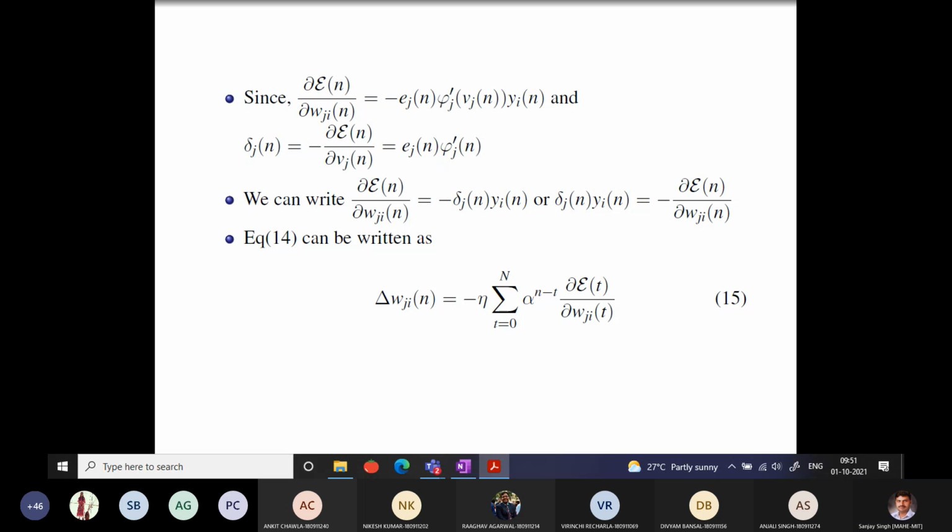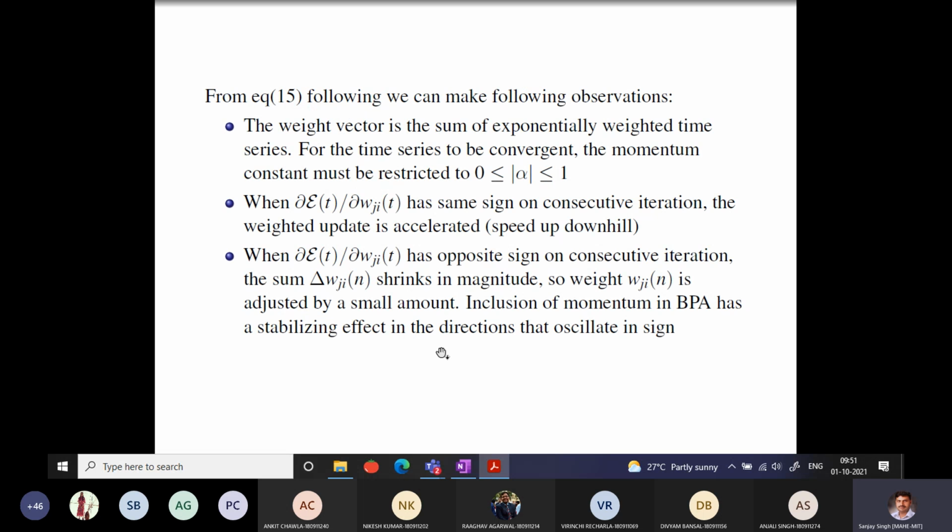Okay, but if this value is once negative, once positive, so the value of synaptic change will happen in small amounts. That's why I mentioned here, when this value has opposite sign on consecutive iterations, the sum shrinks in magnitude because it's a minus plus in those things.